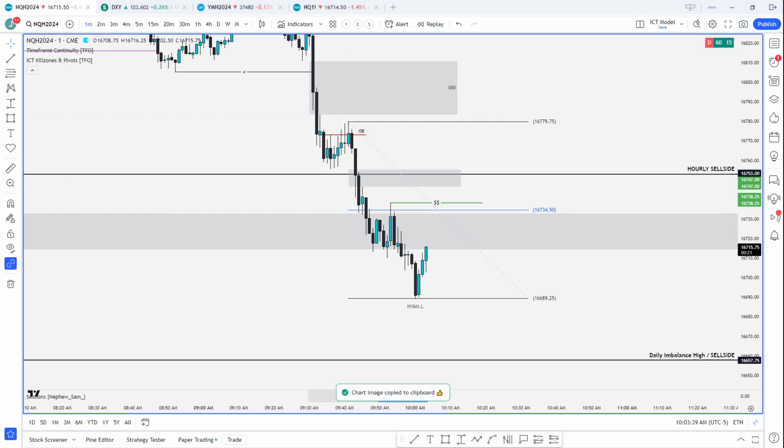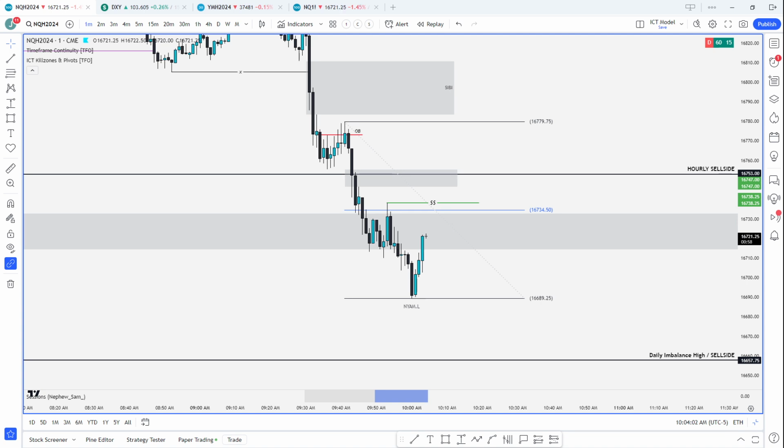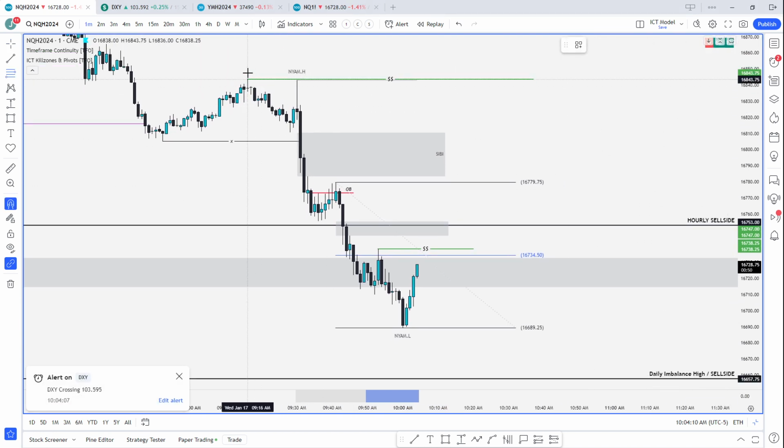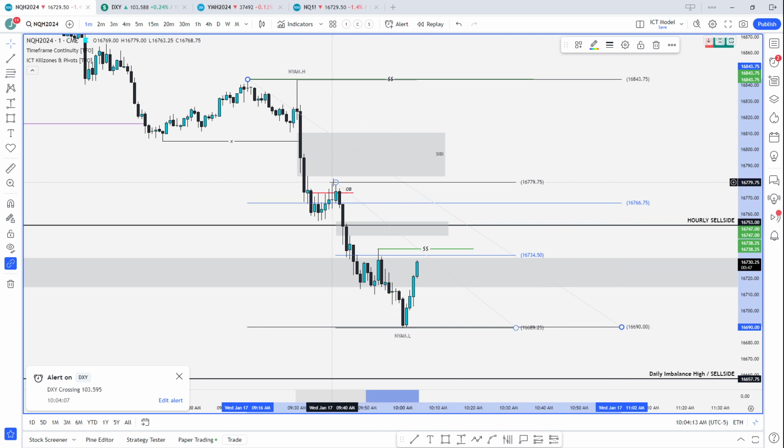Flip bias there pretty quick, but sorry, I'm typing up in chat really quick. Looks solid so far for this high. If you want to go really far, oh, there's DXY dropping off. Nice. Really far in premium, we could be looking for that high. I just don't know how far we're going to get.